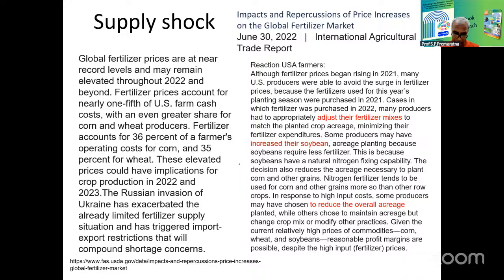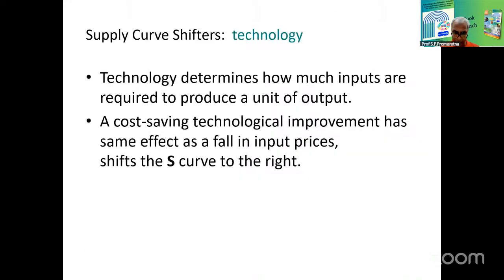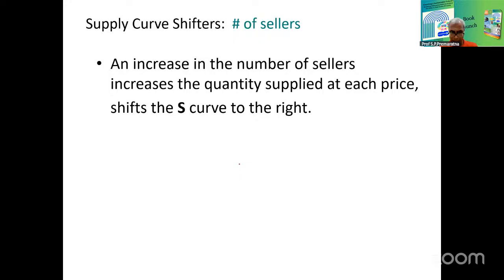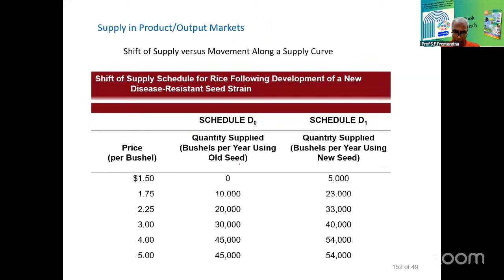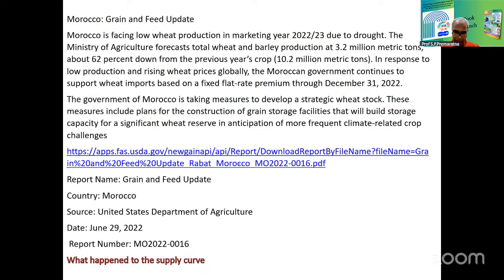We discussed the supply framework and analyzed it, like the technology and expectation examples we did, and the tax. So this is another example I give. What happened to the last question, Dean? What happened to the supply curve?